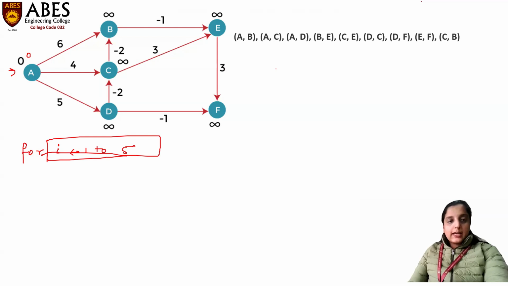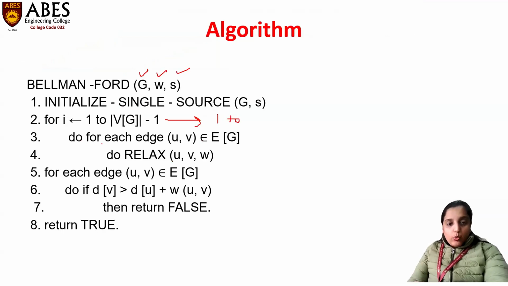Now let's move to the next line. It is saying that for each edge UV belonging to EG, do relax UVW. So for a single I, you have to iterate over all the edges in the graph, and on all the edges, you have to perform this relax operation.